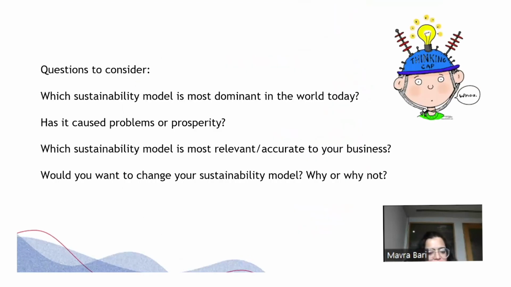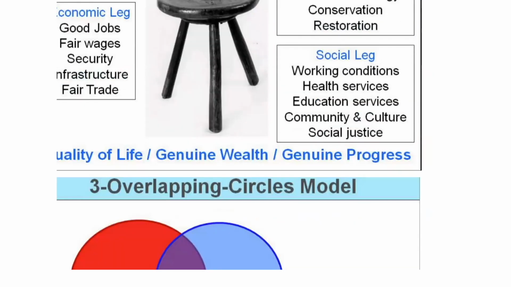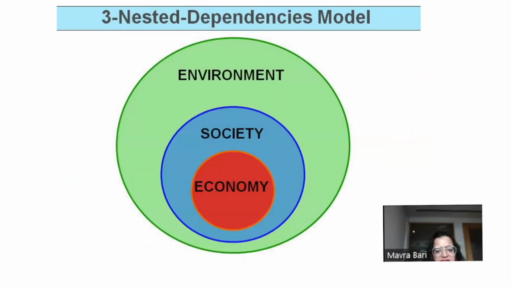So just a few questions to consider before we move on. Which sustainability model do you think is most dominant in the world today? These two, I would say, are the most dominant in a way. And then the three nested dependencies one is the reality of the situation, but our sustainability usually isn't seen in this way, or like our policies aren't made in this way where we understand how these things impact each other.